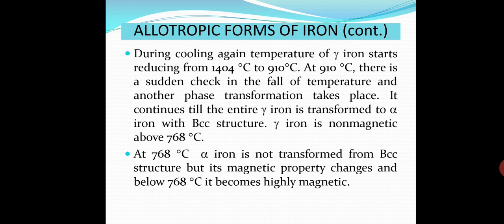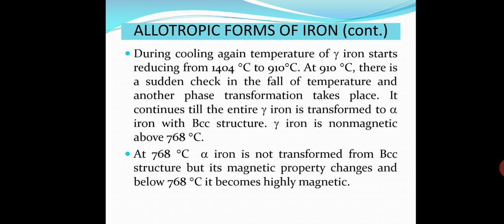Next, when the entire delta iron is converted to gamma iron, its temperature starts reducing from 1404 degrees centigrade to 910 degrees centigrade. At 910 degrees, the change in temperature is again frozen. That means the metal is at constant temperature for a certain time at 910 degrees.